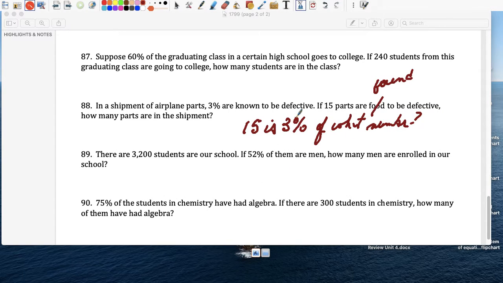All right. So again, I'll change colors here. This is my part, this is my percent, and this is my whole. So how many parts were in the shipment? A equals P times W. It's not straightforward. 15 is 0.03 times W. Careful here.